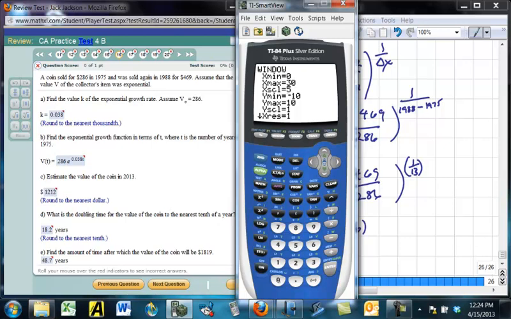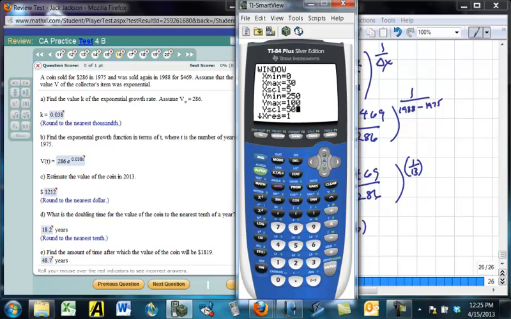And y certainly won't be negative, but we're starting at 286 and then going up. So let's start here, maybe 250, and go up to 1,000, and we'll mark it off in 50s.